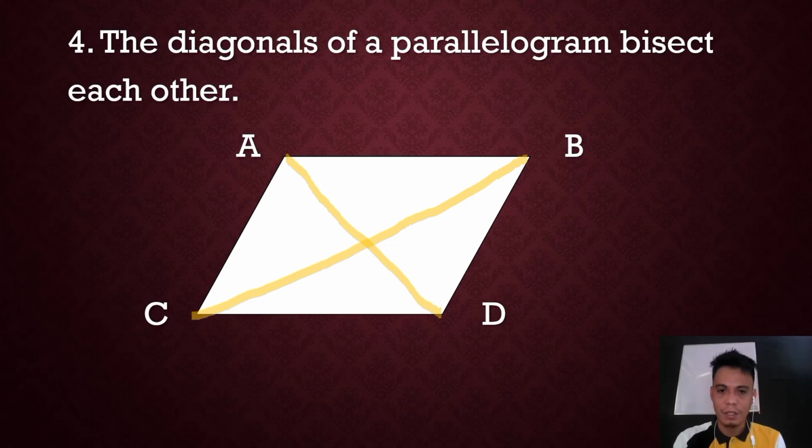So, yun po yung diagonals natin. So, ano sabi dyan? The diagonals of a parallelogram bisect each other. Pag sinabing bisect, guys, hinahati nila yung isa't isa into two equal parts. So, therefore, itong segment na to at ito, is magkaparehas ng length.